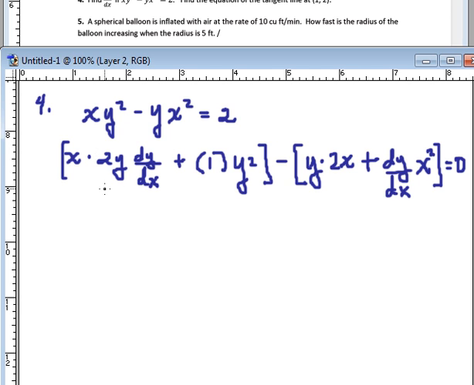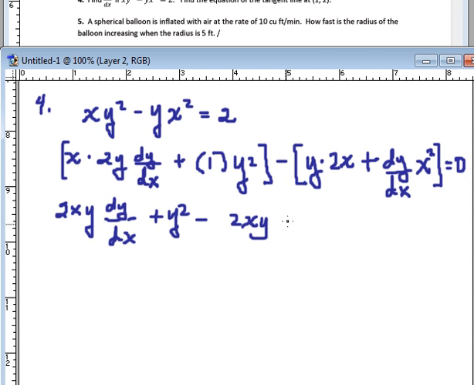So this first term, let me write as 2xy dy dx plus y squared minus, now I'm into these brackets, minus 2xy, and then minus x squared dy dx equals 0. Okay, so that's just opening parentheses.